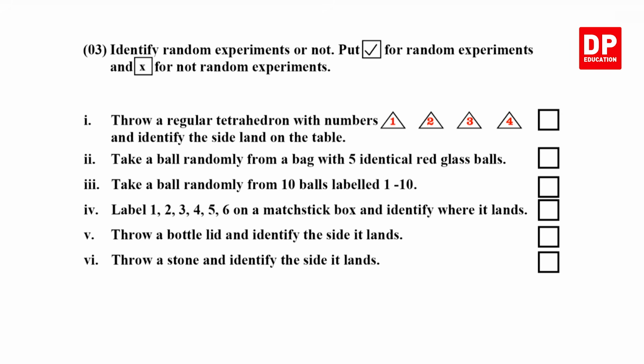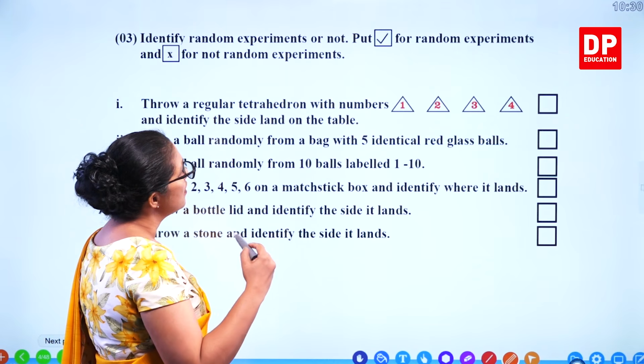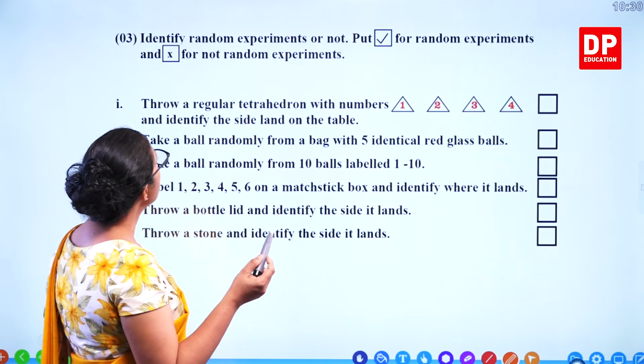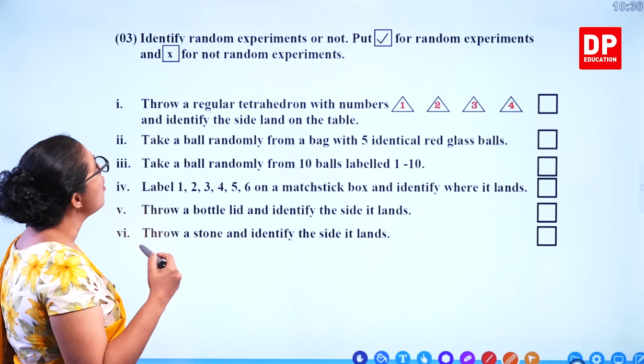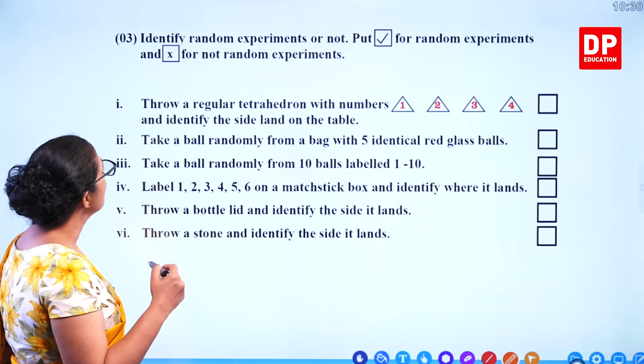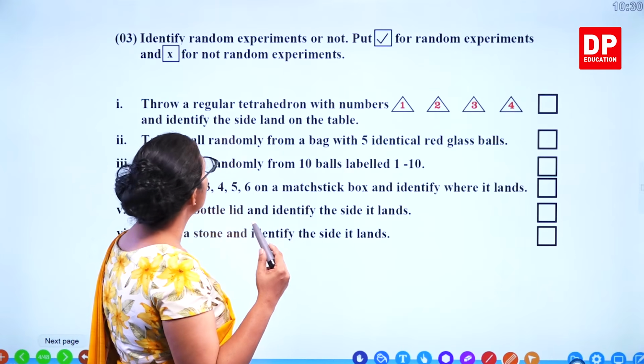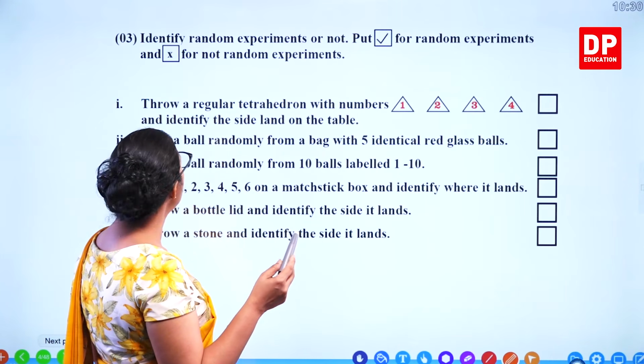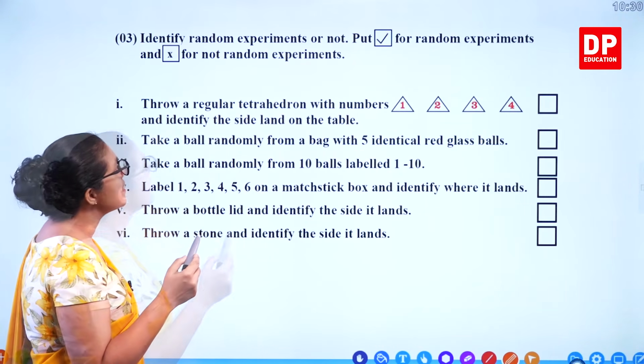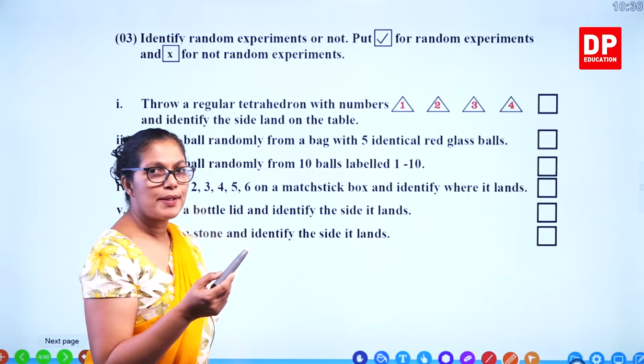Identify random experiments or not. Put a correct sign for random experiments and a cross sign for not random experiments. Throw a regular tetrahedron with numbers 1, 2, 3, 4 and identify the side that lands on the table.